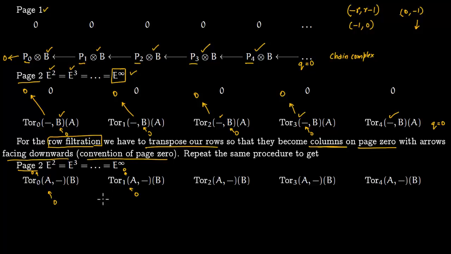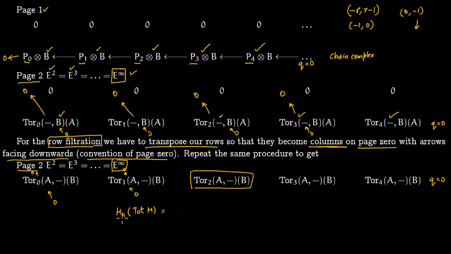So now we start with the total complex, or a double complex, and from that we get page infinities. You get page infinity here and page infinity here. We already know that everywhere else you have zeros on the page infinity. So the homology of the total complex is the direct sum of anti-diagonal elements, but the only non-zero term is sitting right here on the x-axis, on q equals 0.